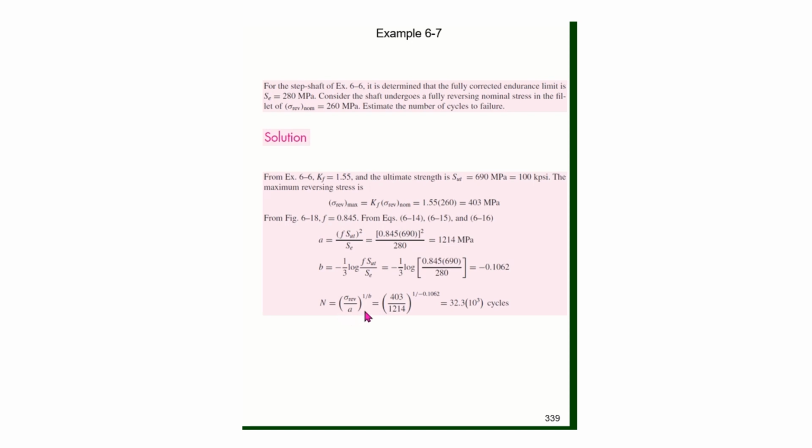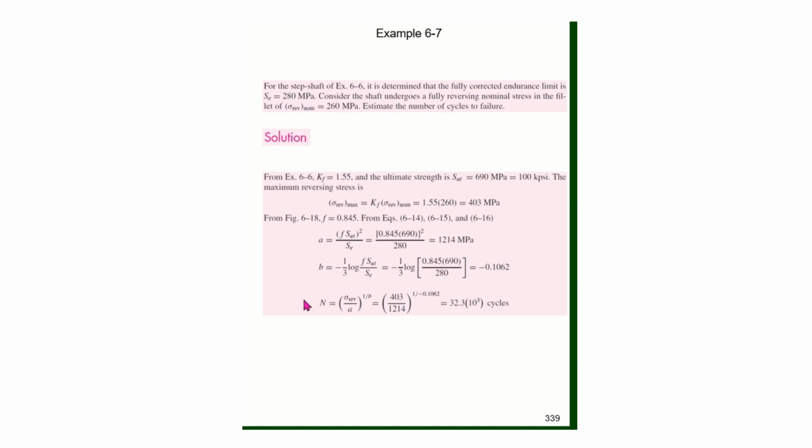So in order to use this equation, the sigma needs to be a completely reversed stress, or a completely reversed stress equivalent, as we will see when we get to fluctuating stresses.